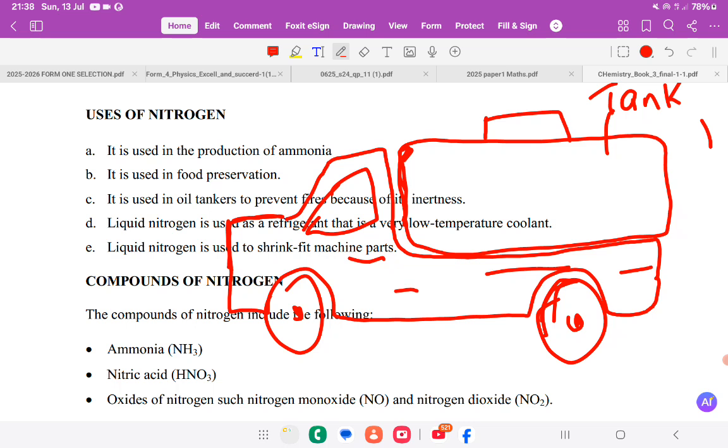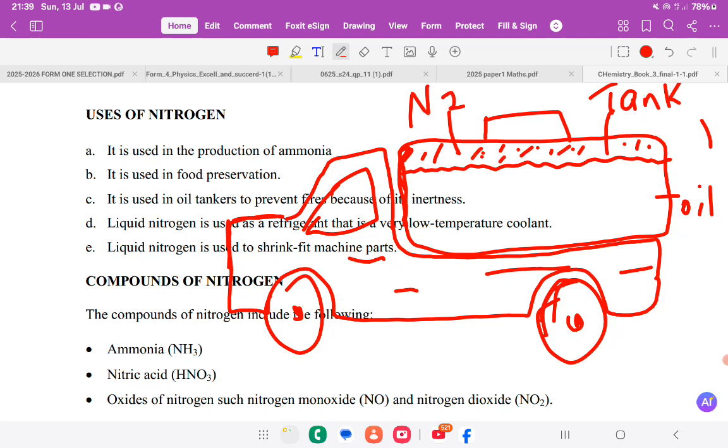So when they transport oil, they don't completely fill it. They fill it up to a certain level here. Okay, so this is filled with oil, but on top here there is a gas. That gas is nitrogen gas. The nitrogen gas is filled here so that the oil is not exposed to oxygen.